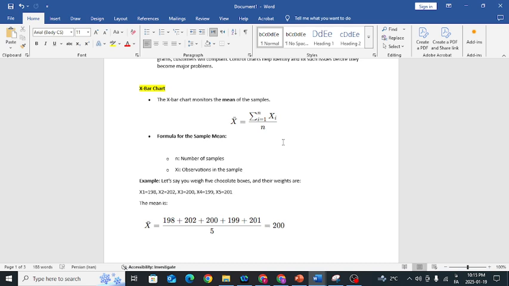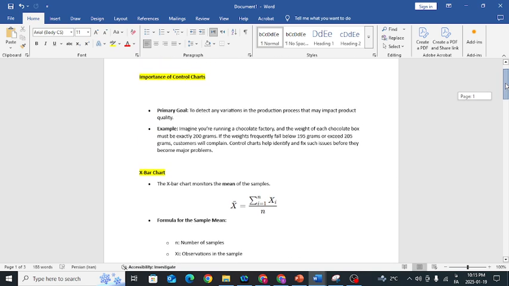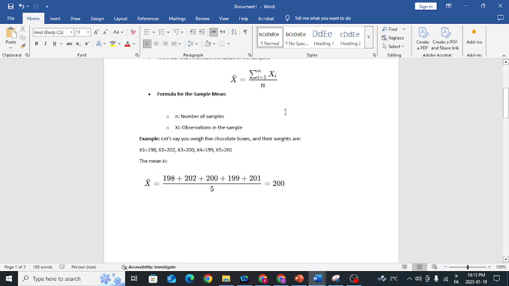and their weights are the observations of the sample. I said that xi is the observation in the sample. The observation for sample number 1 is 198, then 2, 3, 4, 5, and the observation for sample 5 is equal to 101.